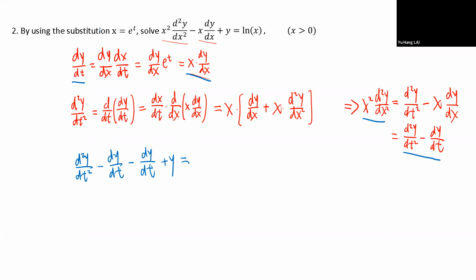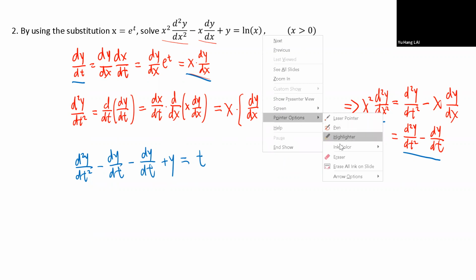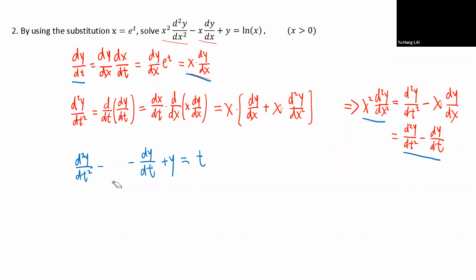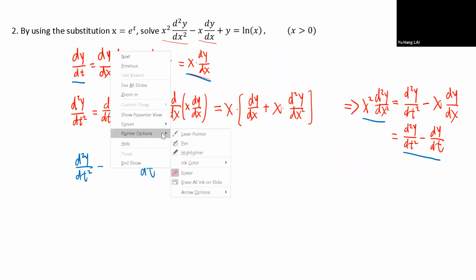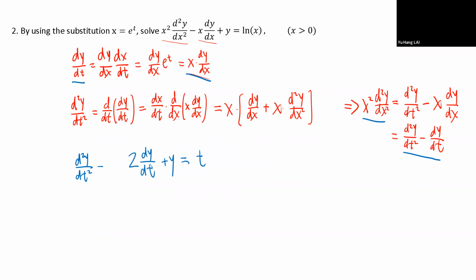The right hand side, log of x, is just t. So that means the whole equation is just this: a linear second order ODE with constant coefficient.